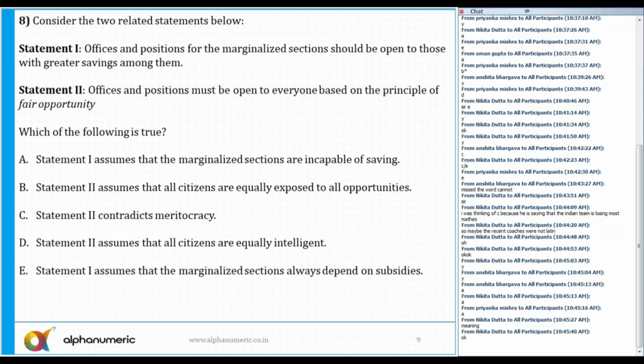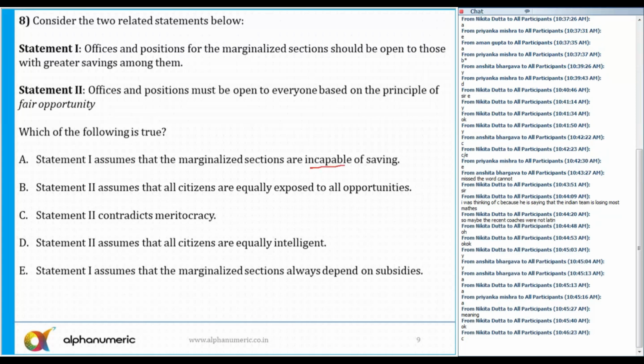Which of the following is true? Number 1, statement 1 assumes that the marginalized sections are incapable of saving. No, it does not. He never says that marginalized sections cannot save. He just says that offices and positions should be open to those people who save. That does not mean that they are not capable of saving. Number 1 is not right.